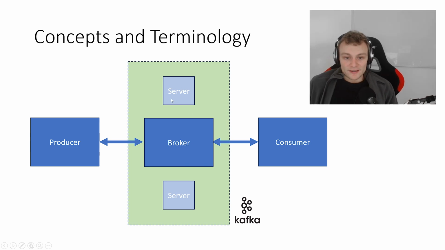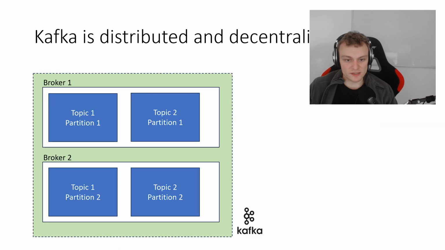But I highlighted here that there can also be other servers, which would be brokers, and they can exist simultaneously. So when one broker is down, another broker can replace it.